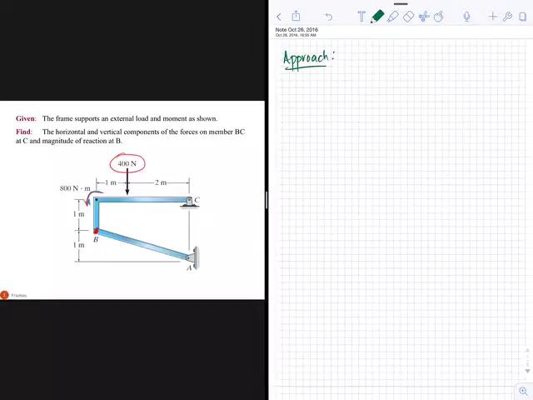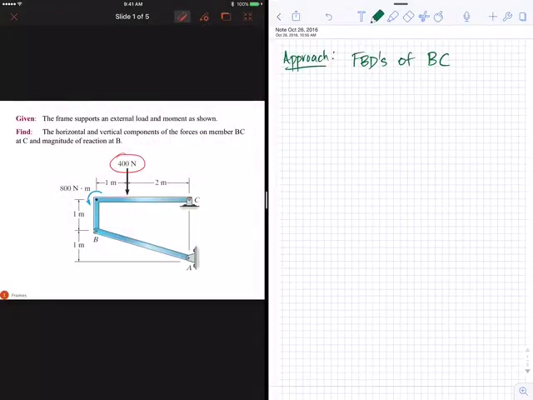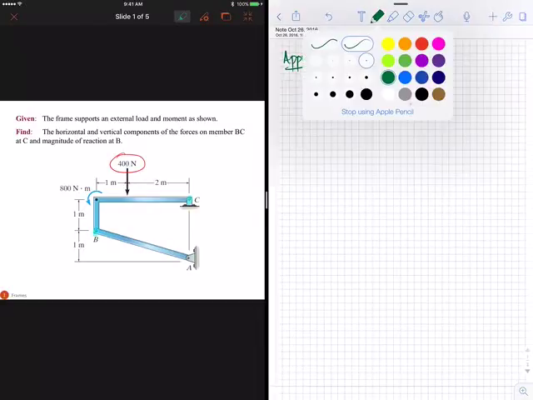So the approach we're going to use here is to create free body diagrams, right? That's pretty much the approach we use every time. Free body diagrams of member BC. So recognize that this is all one object here. But pay attention, right? From C to B, this is all one connected object, so that's one member.